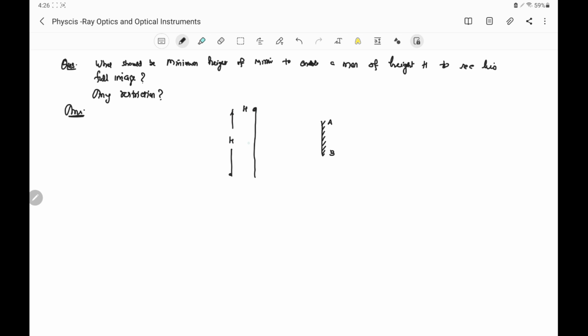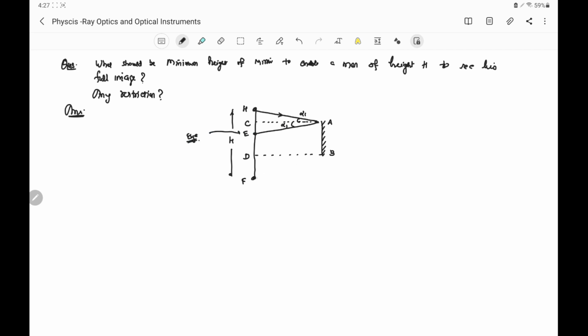The top point is the head of the man and this is the foot, and the normals from points A and B are, suppose, C and D. Now we take a ray incident at point A at an angle, suppose alpha 1, then the reflected ray is also at an angle of reflection alpha 1 and meets at a point E, which is the eye of the man.